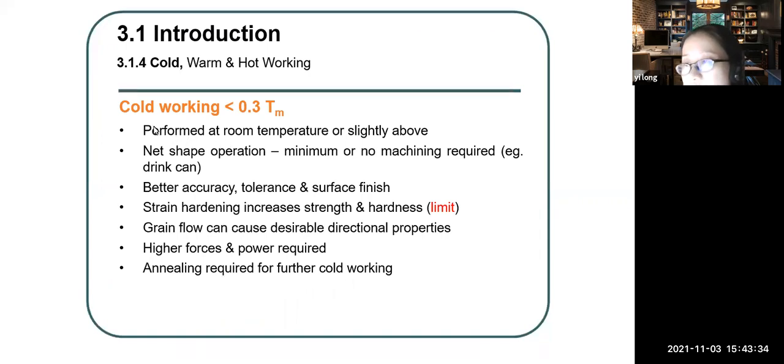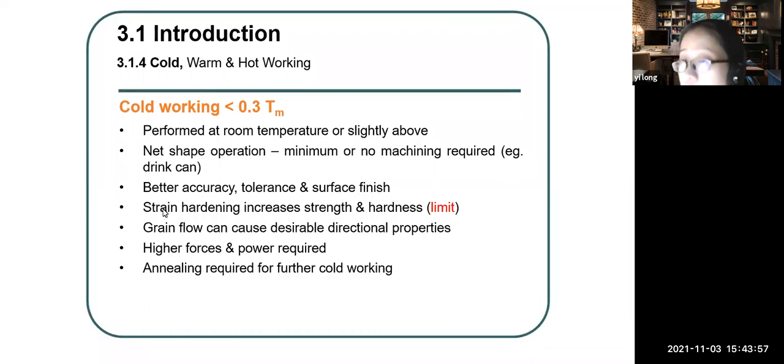We said cold work is normally performed at room temperature or just a little bit above. In this case, you have whatever shape you form. It's a net shape because there's no shrinkage later, right? So minimal or no machining is required. You have better accuracy, tighter tolerance, and a better surface.